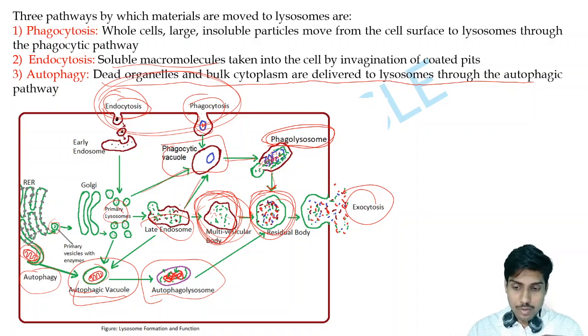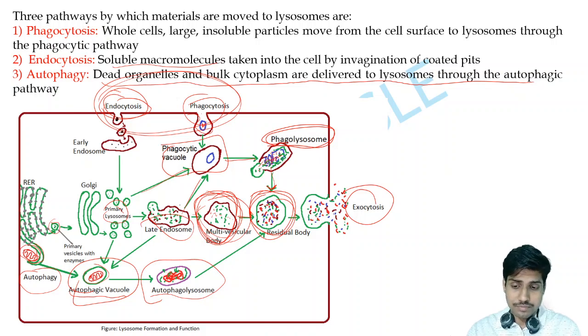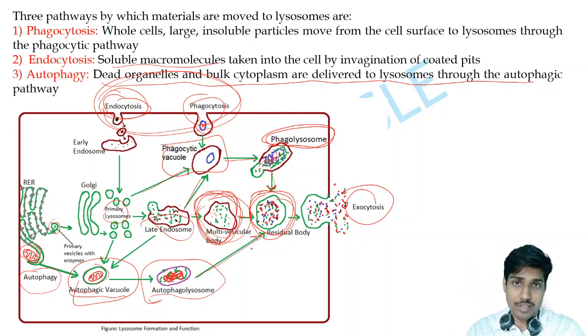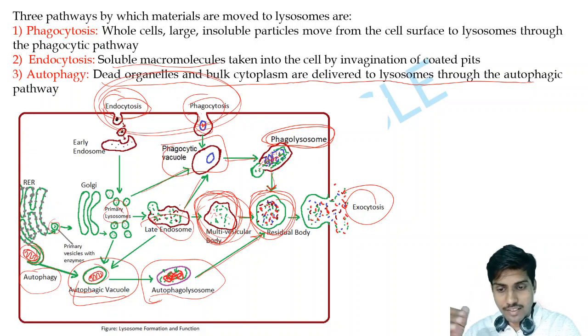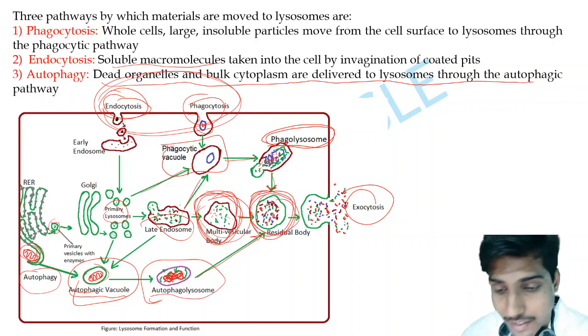Okay, so once this process of digestion, the breakdown of this dead mitochondria is complete, this autophagolysosome also gets transformed to a residual body. Okay, so finally almost all these processes end in the residual body.